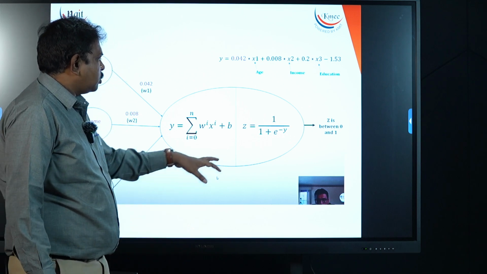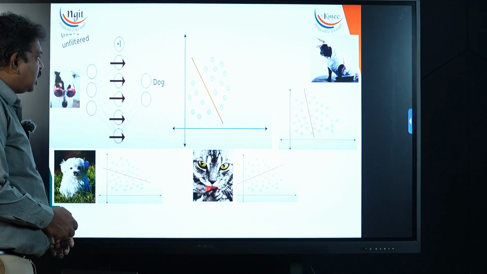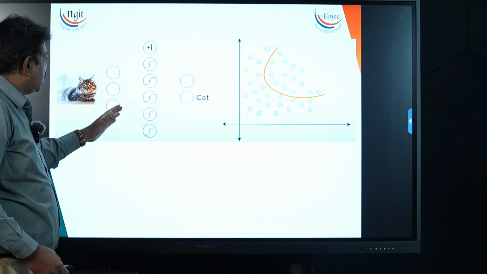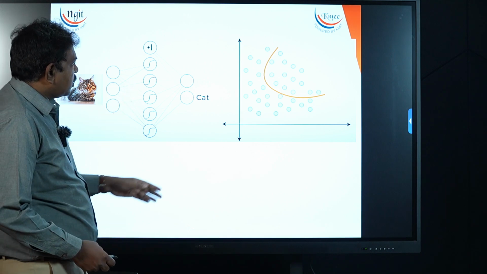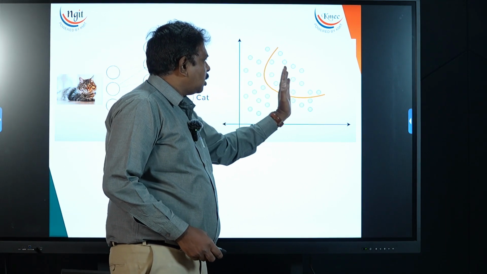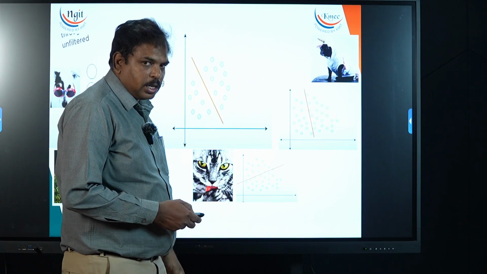If I choose the sigmoid function, it gives 0 to 1, and you can clearly see this is the sigma function curve. Earlier, if we don't introduce it, almost every time it acts like a linear regression.